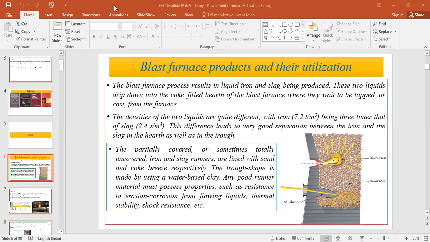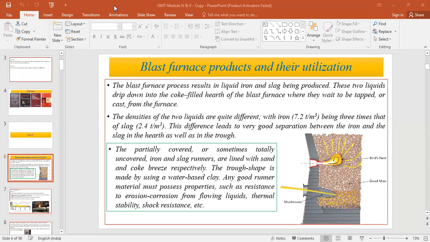The runner, which is arranged in front of the tap hole, is basically lined with sand as well as coke breeze, and water-based clay is also used.